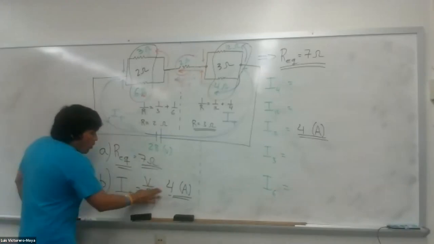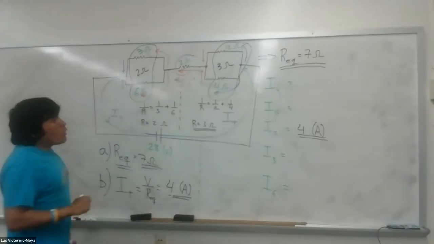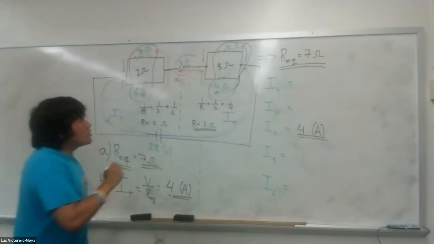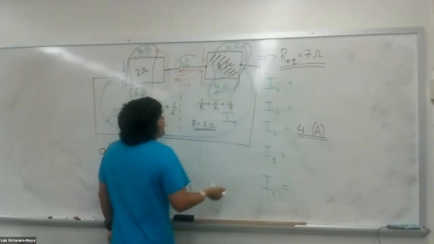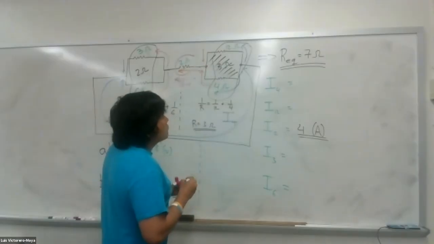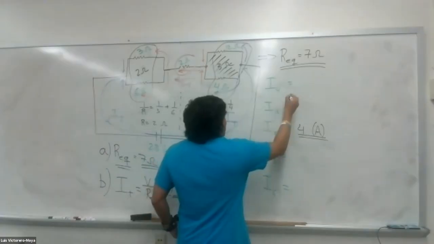All right, so how do you find the current on 12 and 4? Like we did with capacitors, I'm going to find the voltage here. Why? Because the voltage on 12 is equal to the voltage on 4. So these two are in parallel.